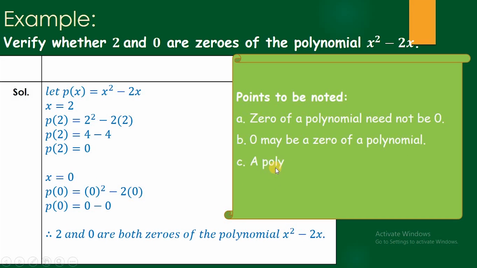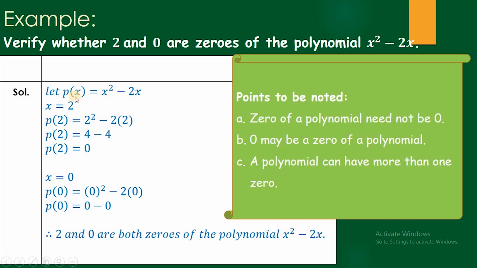Okay, last one is, a polynomial can have more than one zero. Till now we have discussed the zeros of the polynomial, and in every example we got 2 zeros so far. In the later part we will discuss more about it, because it is mentioned that a polynomial can have more than one zero.